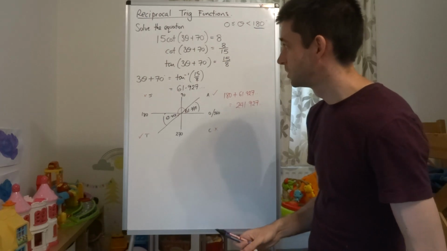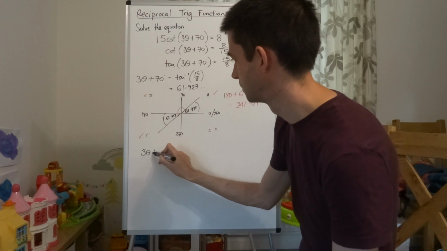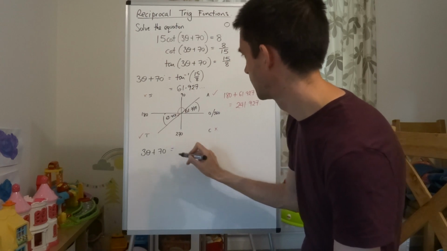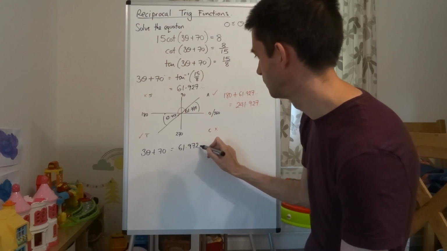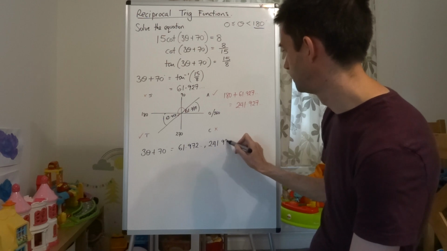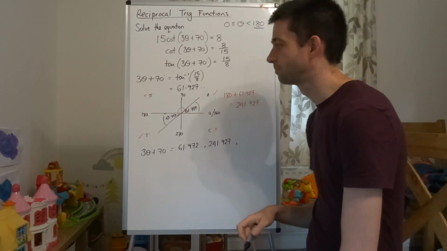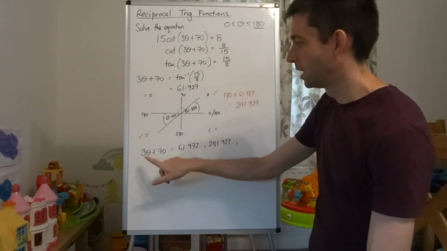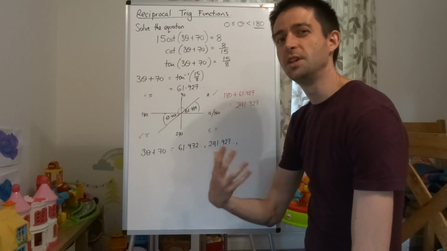Right, so far I have 3 theta plus 70 equals 61.927, 241.927. Okay, now I've got 3 theta here, which you may be thinking, oh, 3 times as many answers.